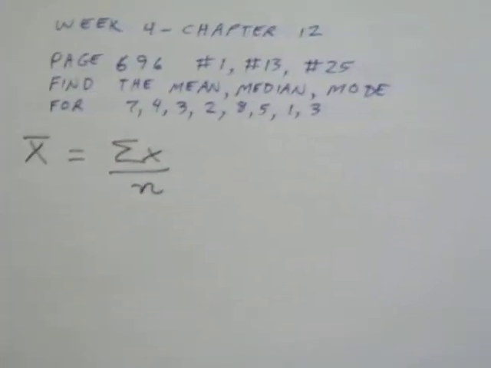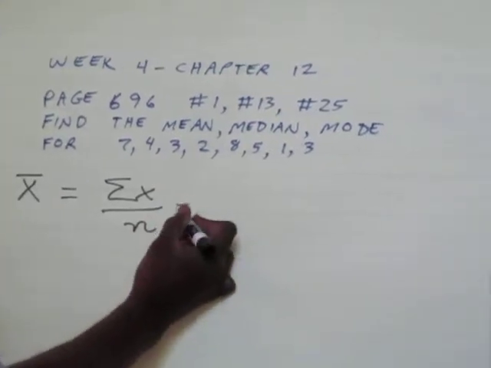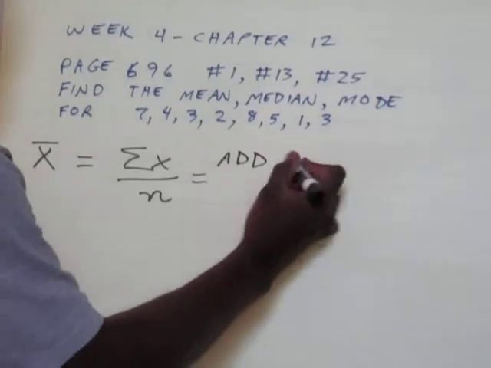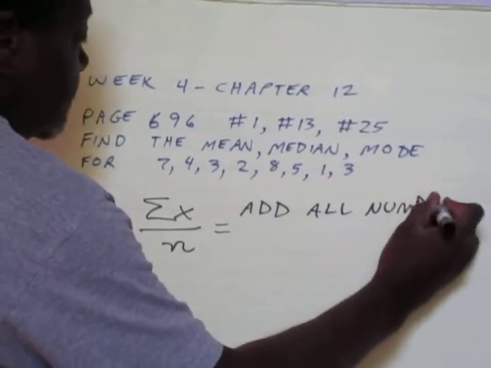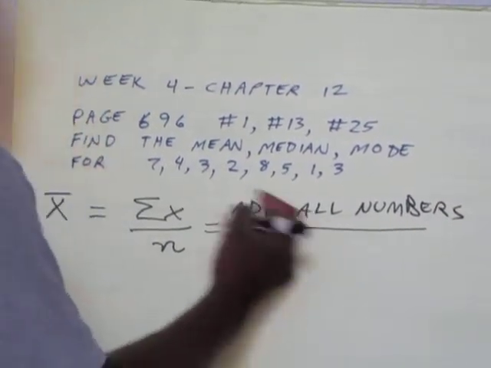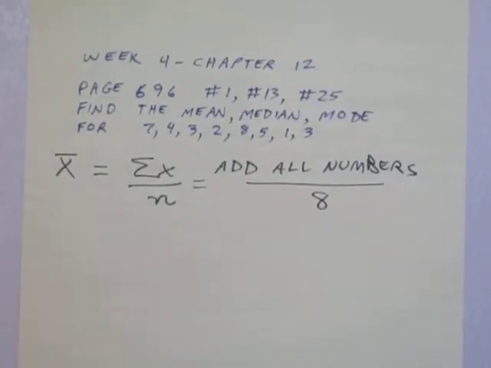That simply means to add together all the numbers and divide by how many there are. So we add all the numbers, and then we're going to divide, in this case, by 8 because there are 8 numbers in our list.